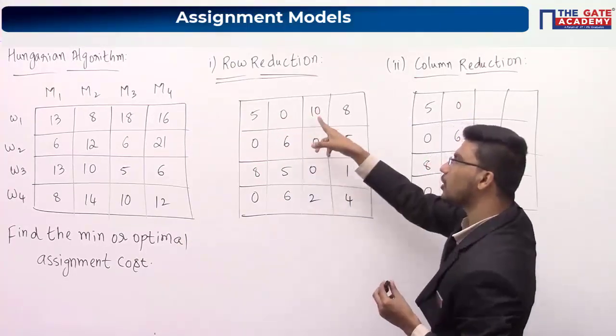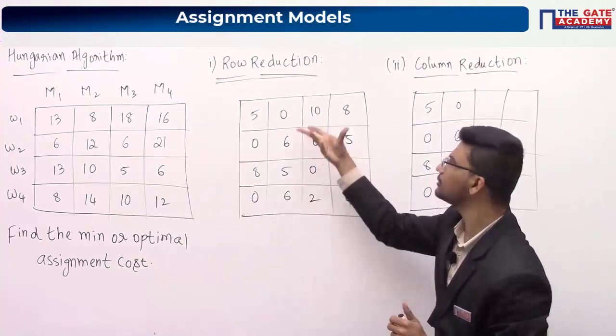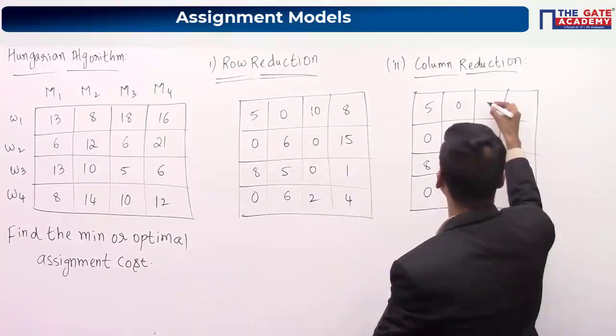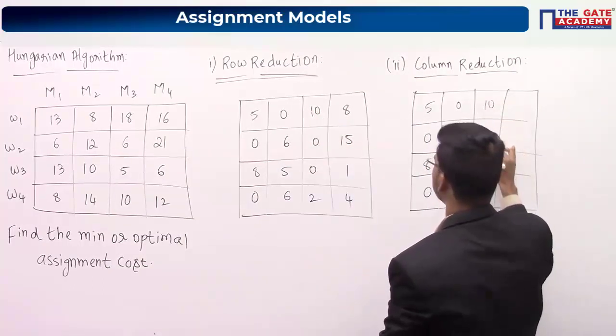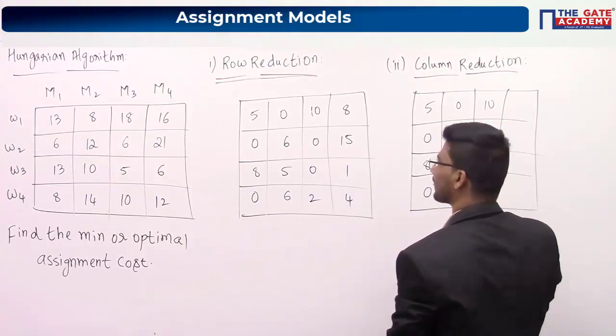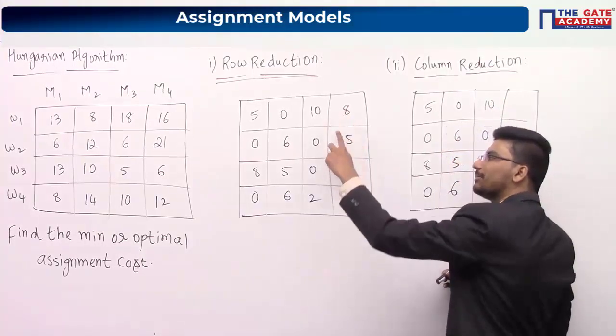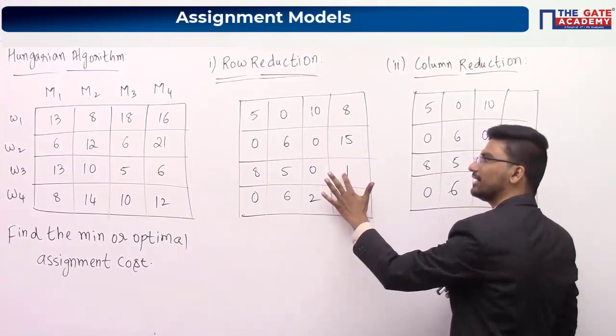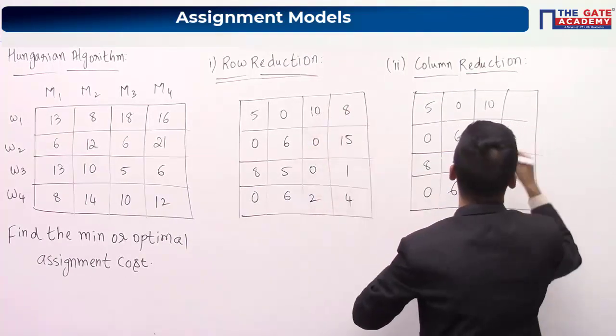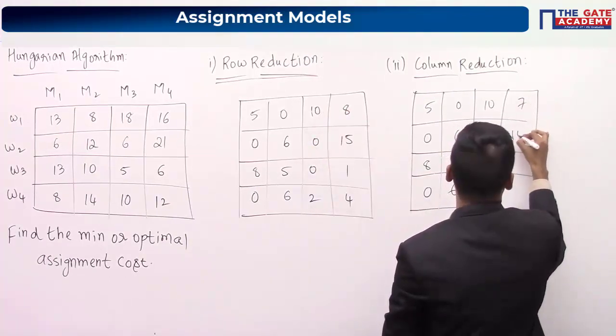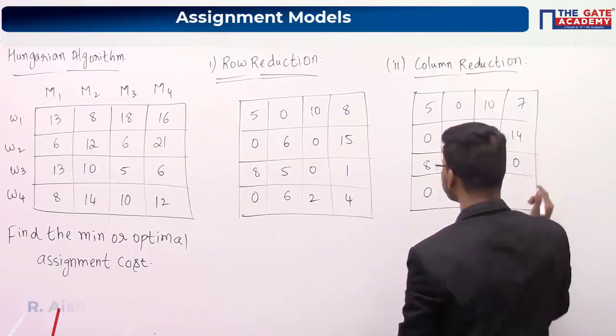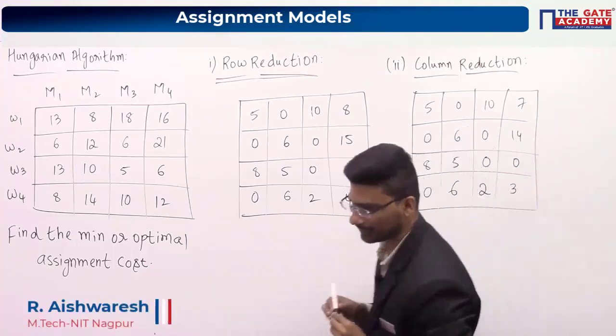Now in this particular column also you are having 0. So no need to change this column also. You can write as it is, 10 0 0 2. And in this column minimum element is 1. So subtract this 1 from all other elements. So this will be 7, 14, 0 and 3.